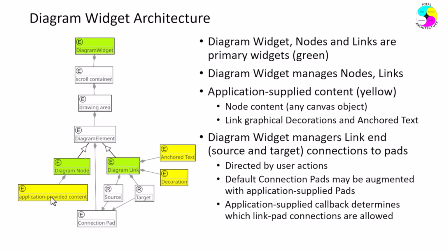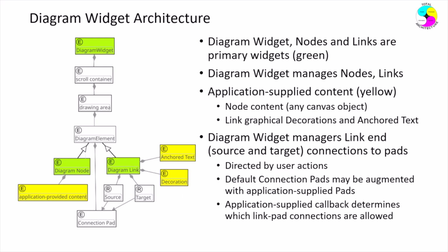Diagram links can be adorned with graphical decorations, anchored texts, elements in there that can be little floating labels along the link, and decorations that provide a way to have arrows and other kinds of adornments on the links.